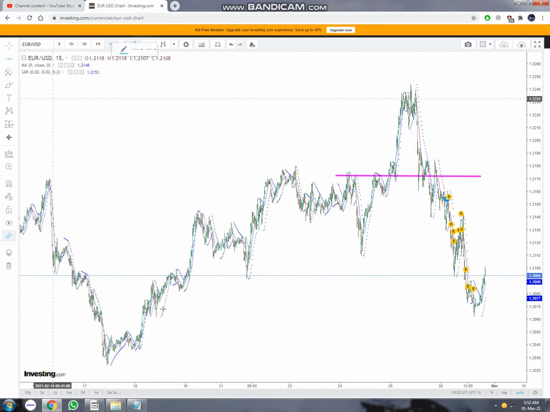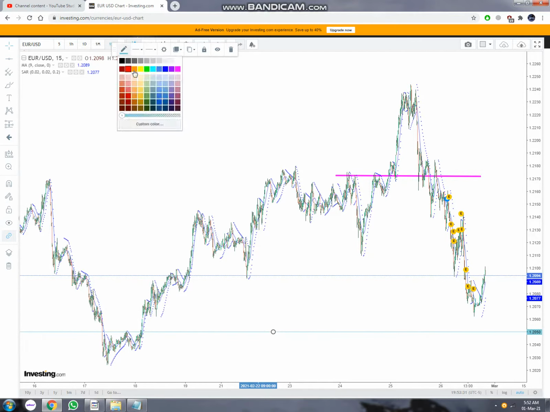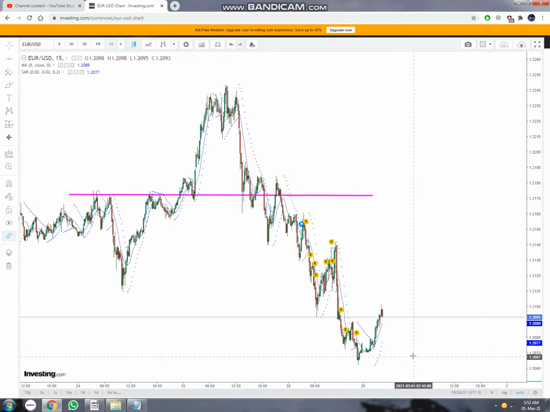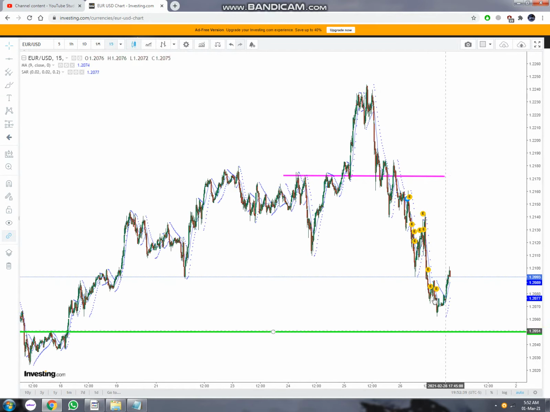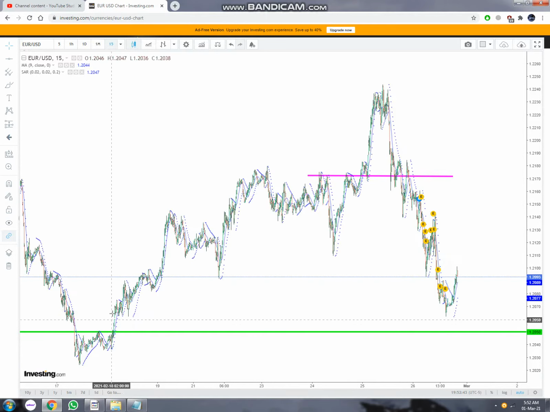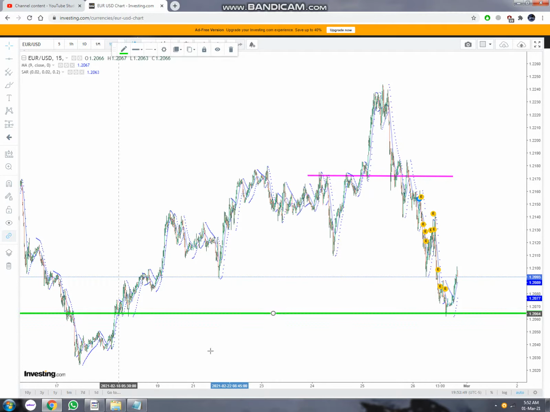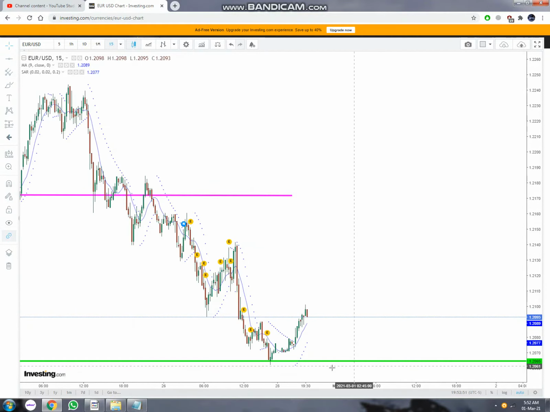Just as in the stock market, you'll also have to find your own support and resistance levels besides this one. You can see that this is now the support level. This is a major area of support.